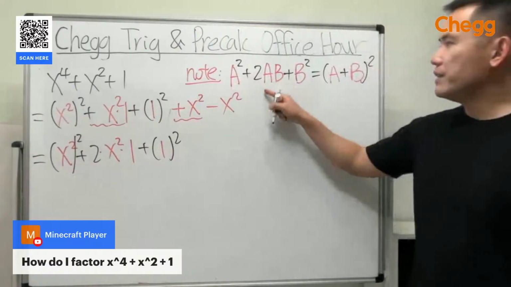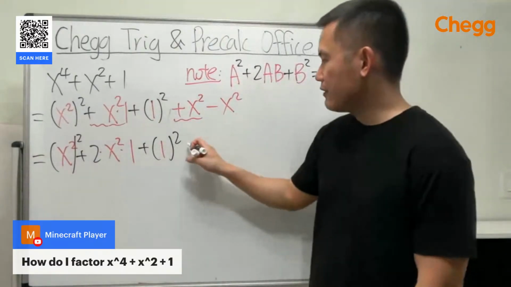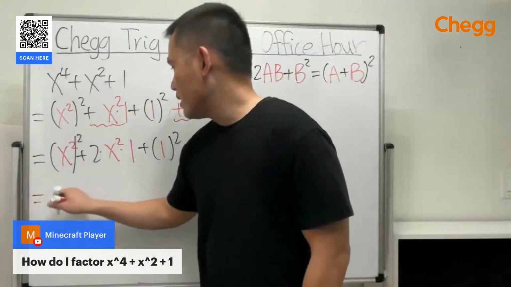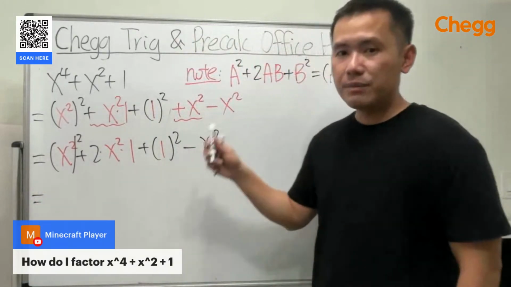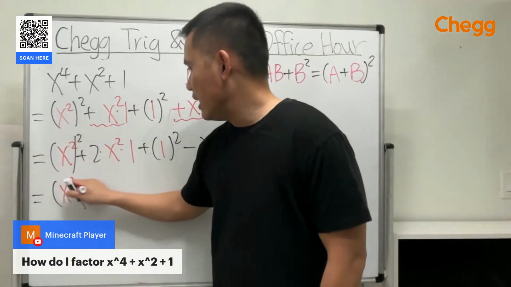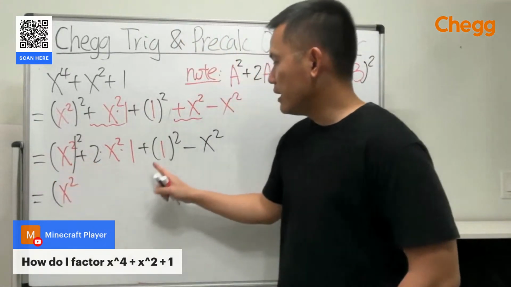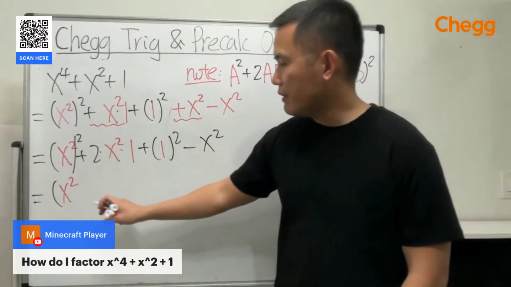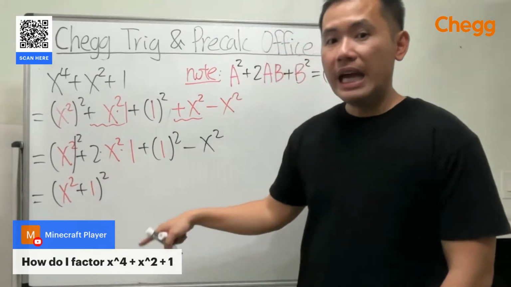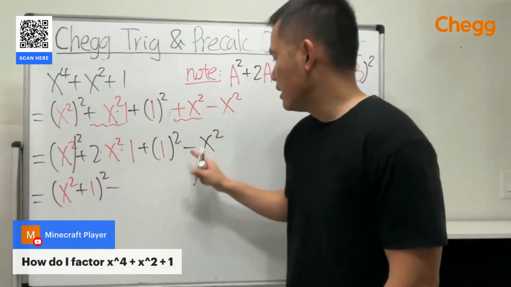And this will fit in here. And then we still have minus x squared. Now, ladies and gentlemen, the first 3 terms can be factored by using that. So we get a is x squared, and b is the 1. So we have x squared plus 1 squared, like so. And then minus x squared.